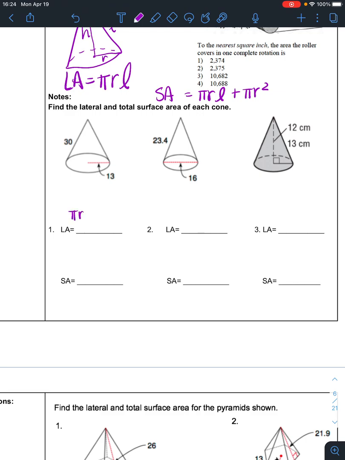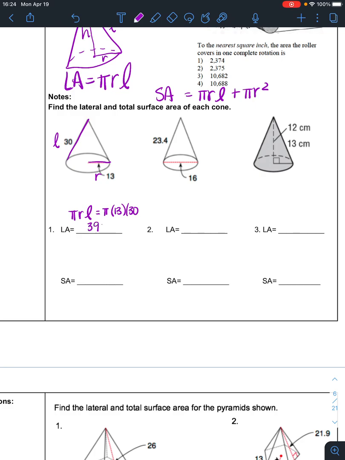So lateral area would be pi RL. Now, to process through this problem, you have to look and see what you have. I have 30 as the slant, and I have R, which is 13. So I can do pi times R times L. If we leave it exact, then we would do 13 times 30.